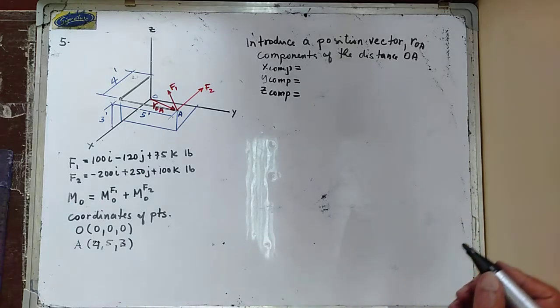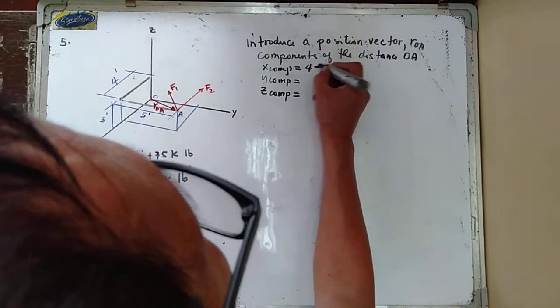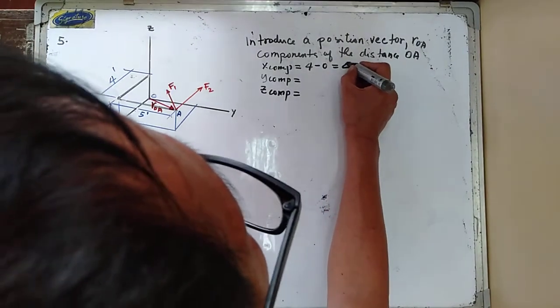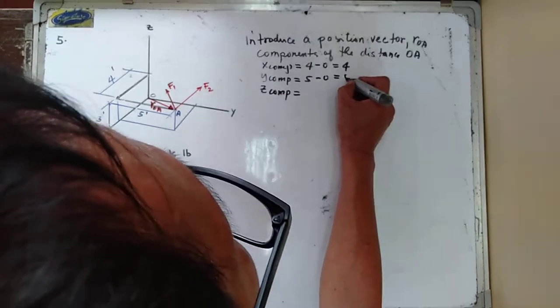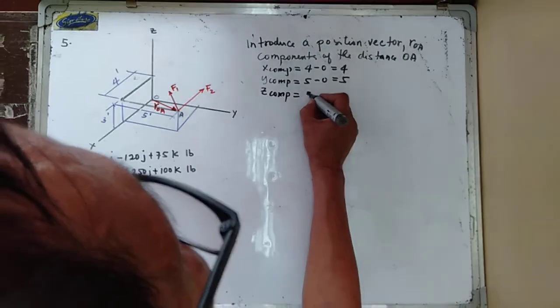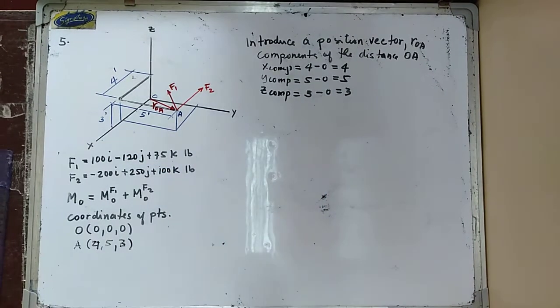Now, 4 minus 0 is equal to 4, then 5 minus 0 is 5, and then 3 minus 0 is equal to 3.